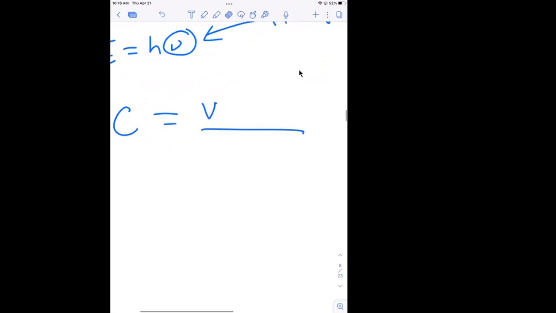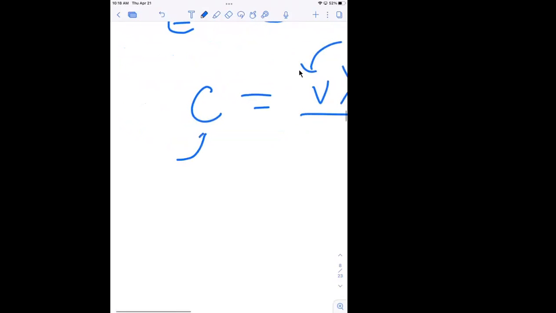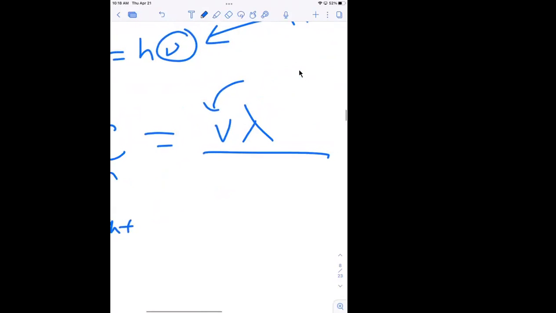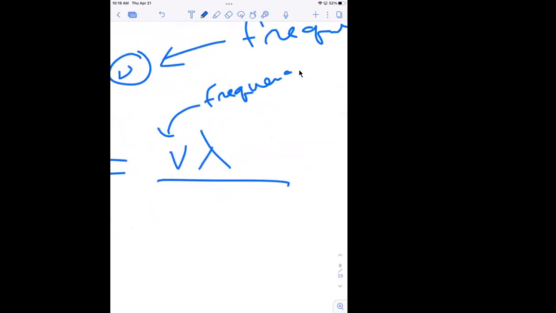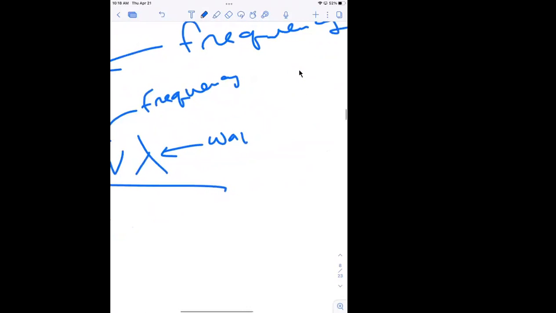So c equals nu times lambda. Nu is the frequency of the light, and lambda is the wavelength.